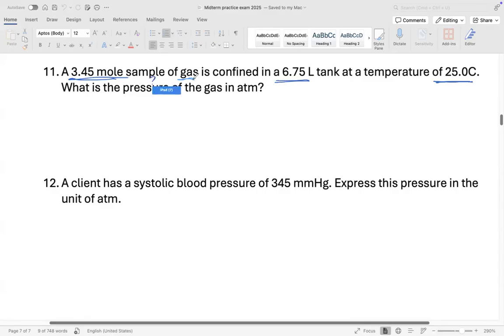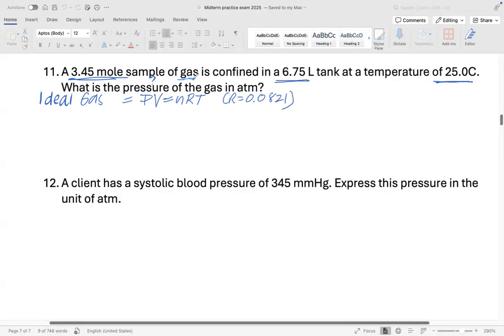When it's got all these variables, it's indicating to me that it's the ideal gas law, which is, and this would be coming from a reference sheet, PV equals nRT, where R equals 0.0821. Again, that would be on your reference sheet. You just have to go pick it out of the formula sheet.